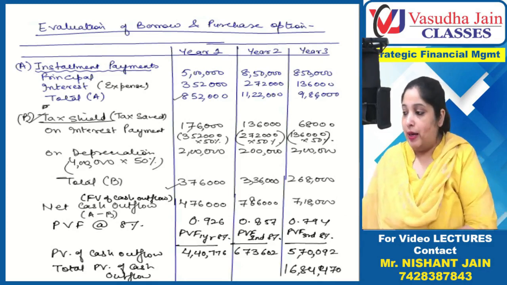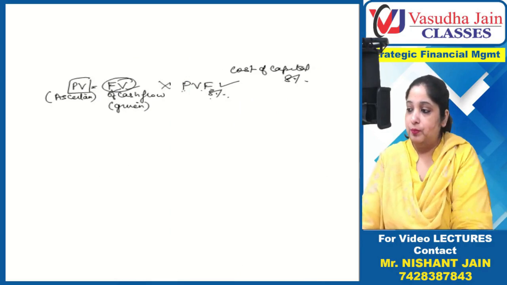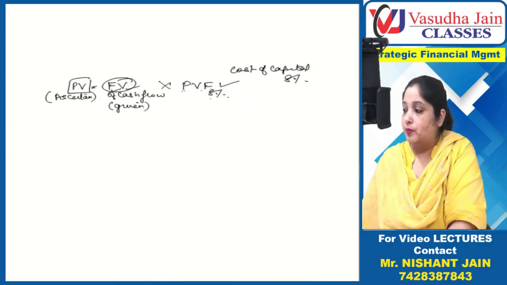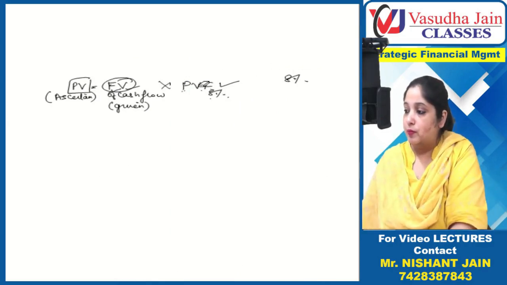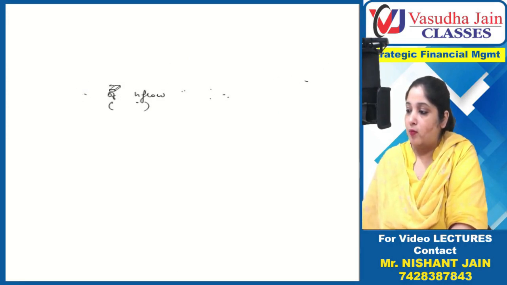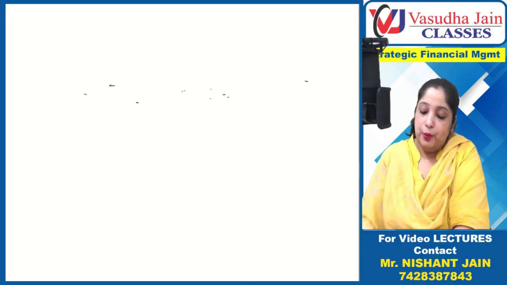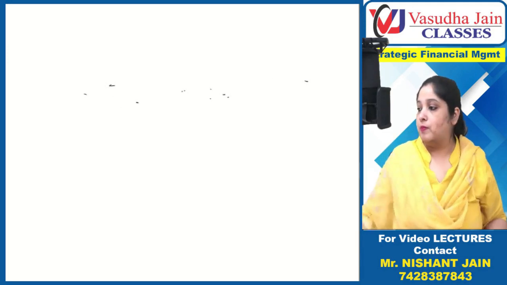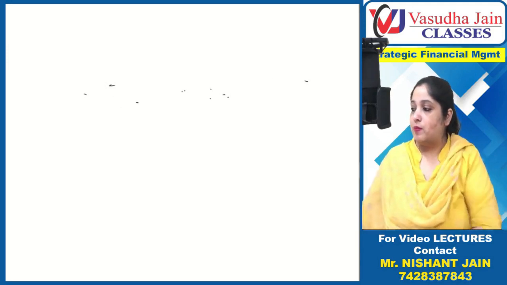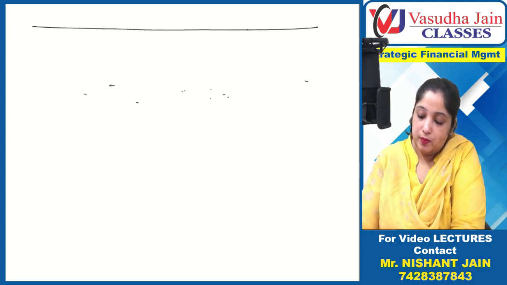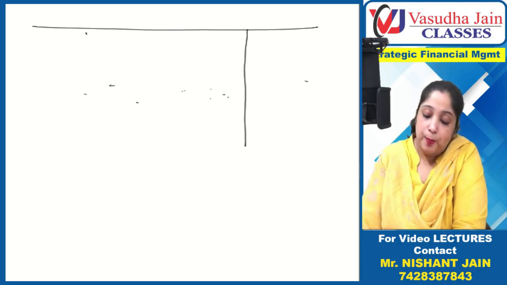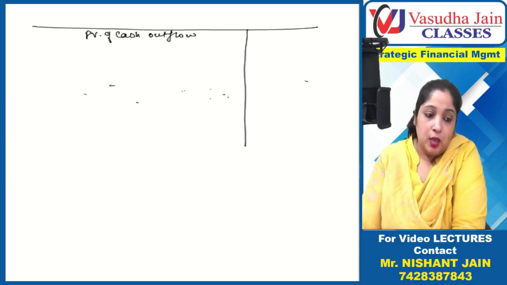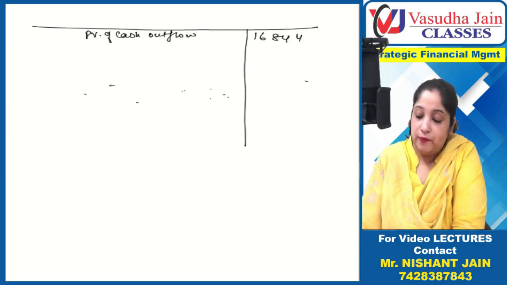Now I'll change the sheet and write on the next sheet. Now computation is to be done. So the present value of cash outflow we have just computed is how much? 16,84,470.